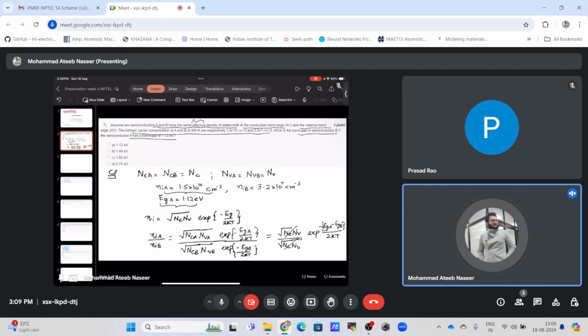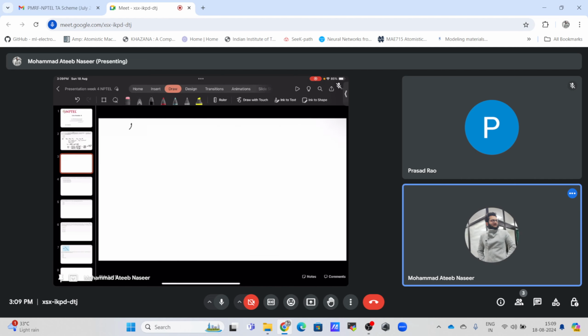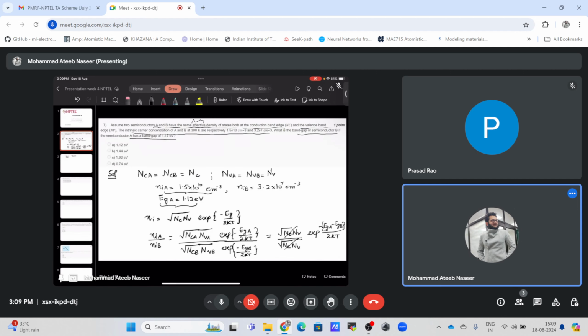Now if we take the ln on both sides, let's get rid of this exponential, and we can clearly see that this will be ln of intrinsic carrier concentration of A divided by intrinsic concentration of B is equal to minus Eg of A plus Eg of B by 2kT.